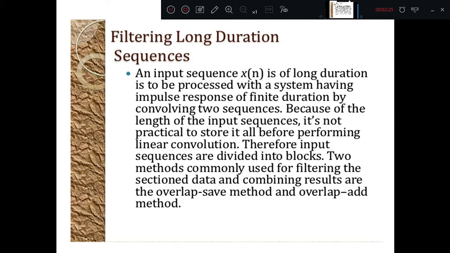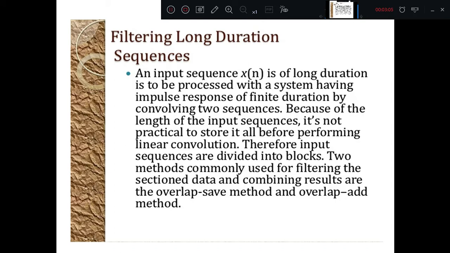So in order to overcome these problems, the solution is the filtering of the long input data sequence. Instead of performing the convolution between the long data sequence and the system response having a finite number of samples, we divide the long data sequence into smaller blocks, and each small block is processed with the system response h of n using linear convolution.